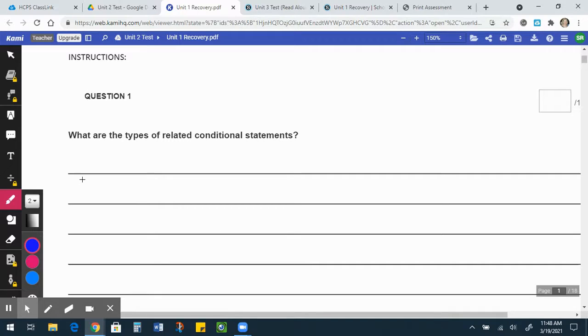So the first question asks, what are the types of related conditional statements?